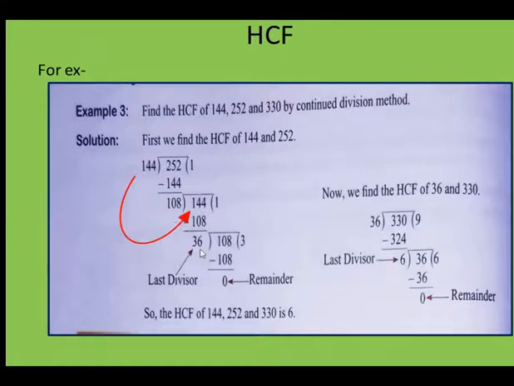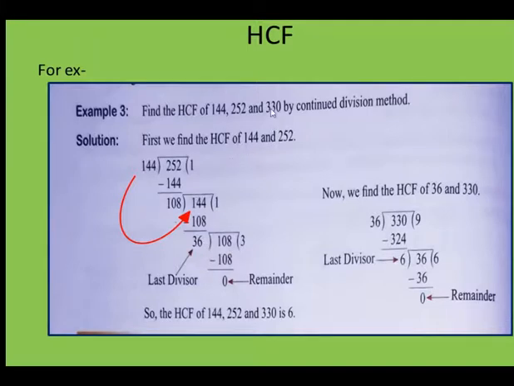Subtract and we get 36. Again the same procedure is repeated. This 36 becomes the divisor and 108 becomes the dividend. So we divide 108 by 36: 36 threes are 108 and the remainder is 0. So the last divisor is 36, and the HCF of 144 and 252 is 36.